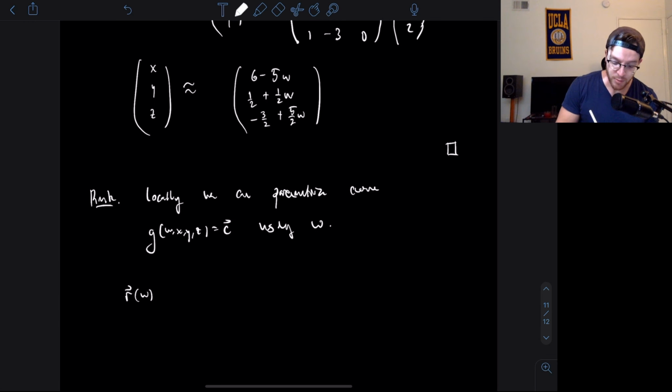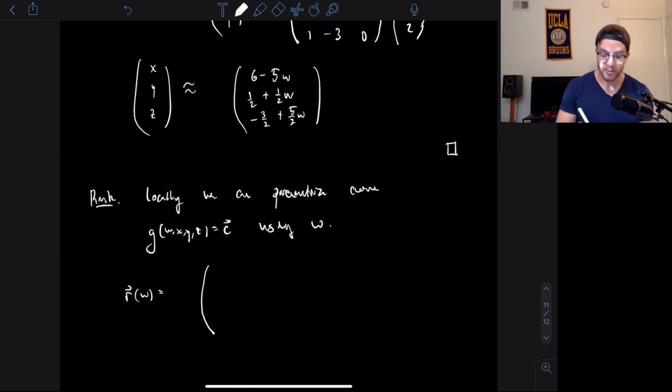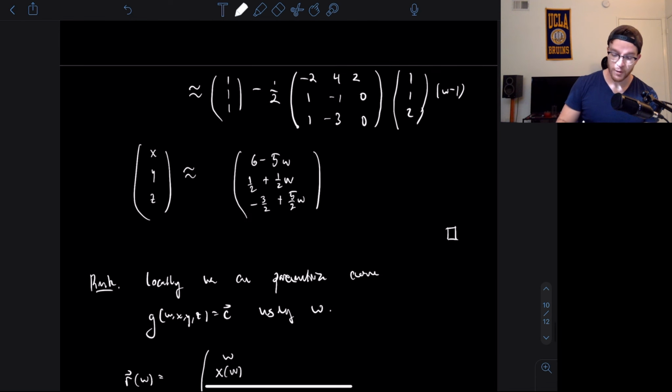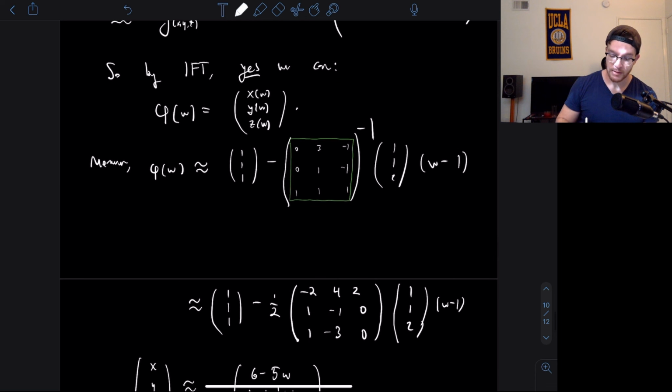Specifically, we would get a local parameterization by saying, well, w is w, it's the parameter, and then x is whatever this is, y is whatever this is, z is whatever this is.